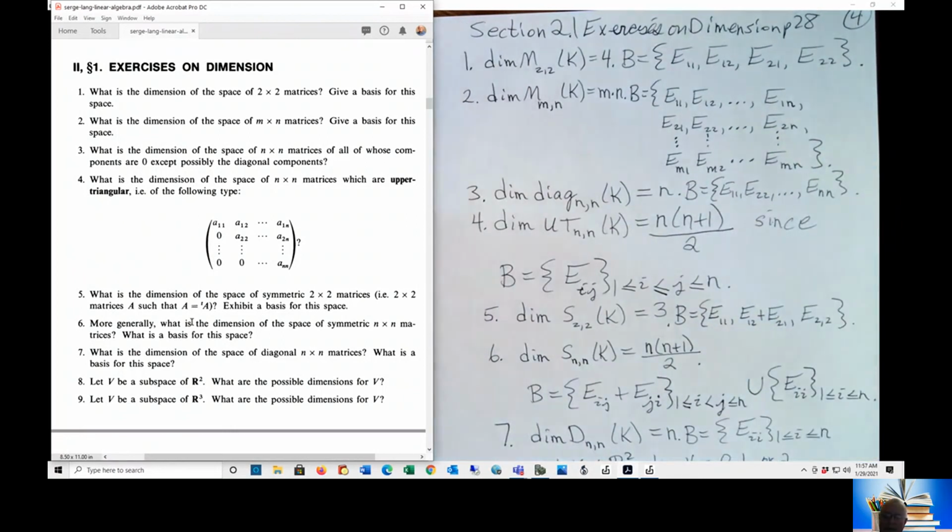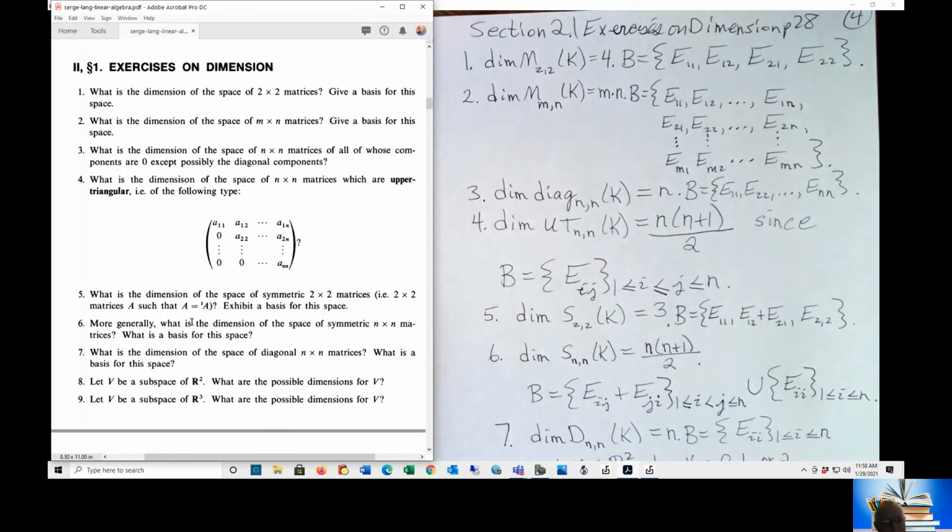That would be it. And there's n of those. Okay? Now look at number 4. More challenging. What is the dimension of the space of n by n upper triangular matrices?